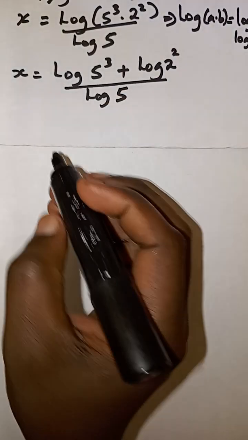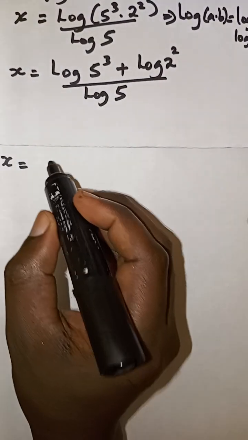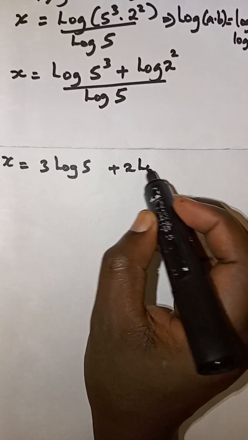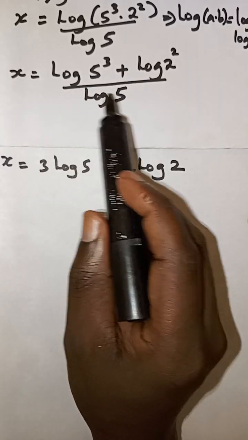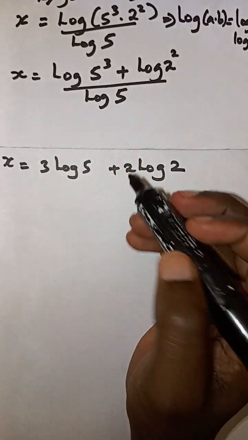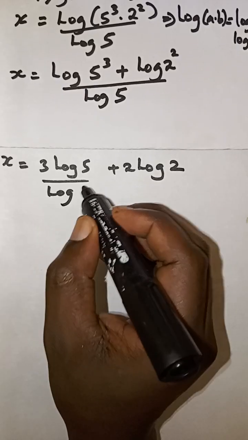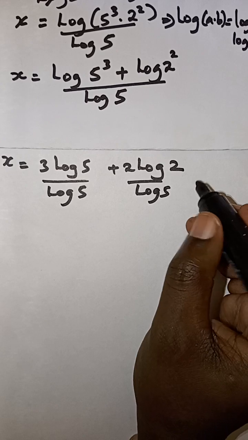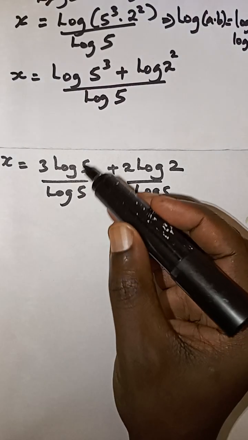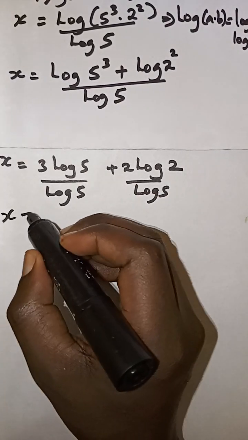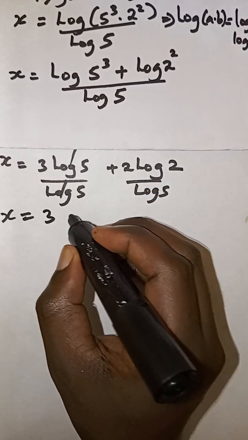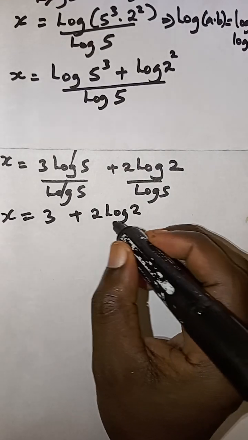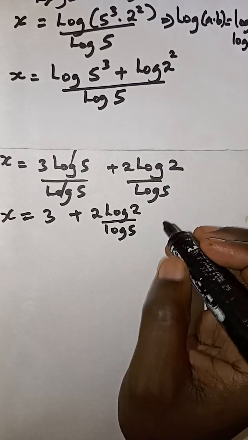So this comes down as x is equal to 3 log 5 plus 2 log 2, and I'm going to write each under log 5. So it's very clear to see that the log of 5 and the log of 5 cancel, and then I'm going to remain with 3 plus 2 log 2 divided by log 5.